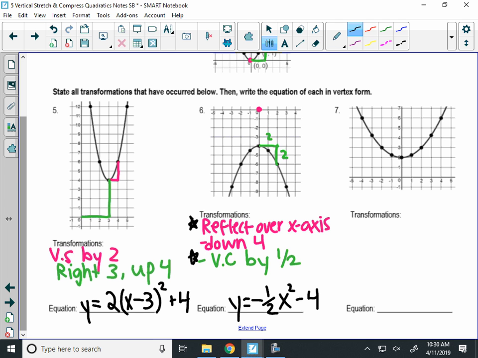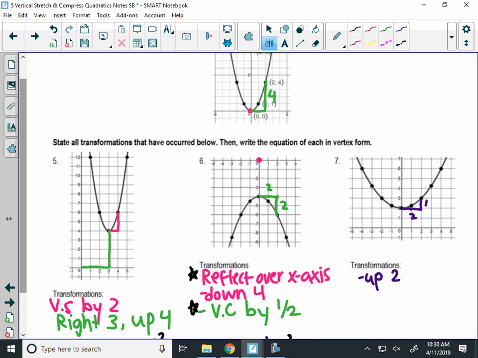All right, last one here. I'm not upside down, so I didn't reflect. Looks like I did go up 2 though. I didn't go left or right. And then I have a vertical compression again. I can't tell by going out 1 how much that goes up. But if I go out 2, I go up 1.